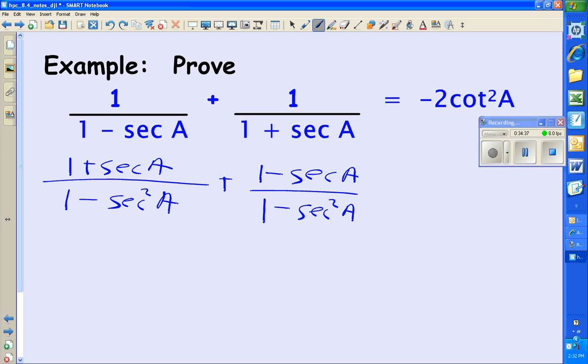The 1 minus secant squared is what you get when you multiply A minus B times A plus B here. Difference of 2 squares.